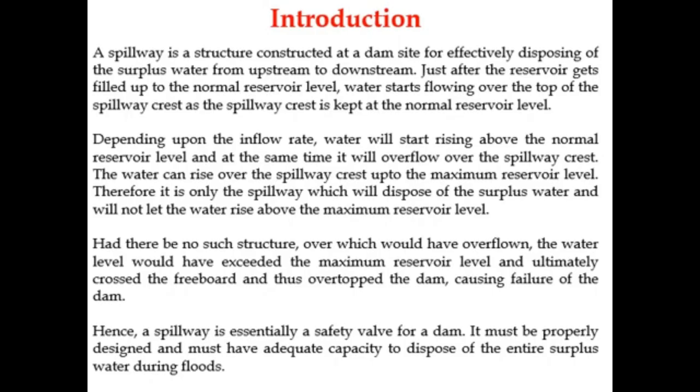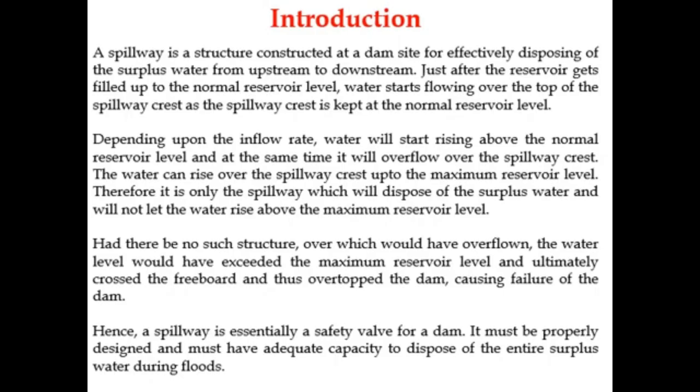Now, when the reservoir gets filled up to the normal reservoir level, the water starts overflowing over the top of the spillway crest, and the maximum level it can reach is the maximum reservoir level. Depending upon the inflow rate, the water will start rising above the reservoir level and at the same time will overflow over the spillway crest.